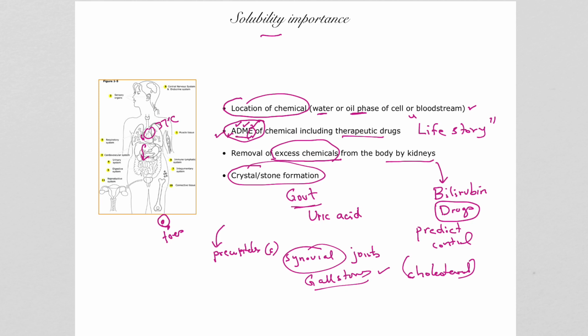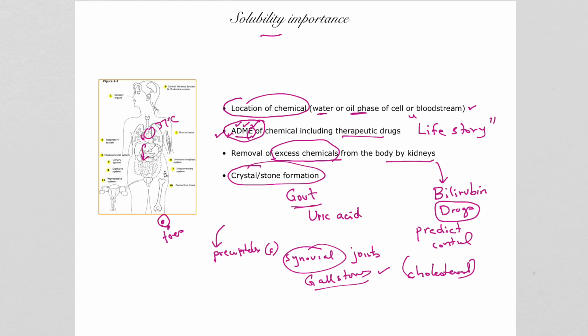However, when the cholesterol concentration overwhelms the solubilizing ability of bile, it forms a sort of supersaturated solution, and the cholesterol just precipitates out of the solution in the gallbladder as crystals, which then can, under the right conditions, lead to the formation of gallbladder stones.